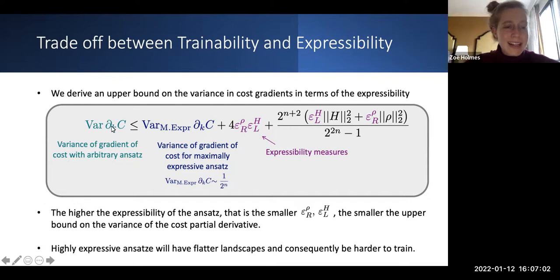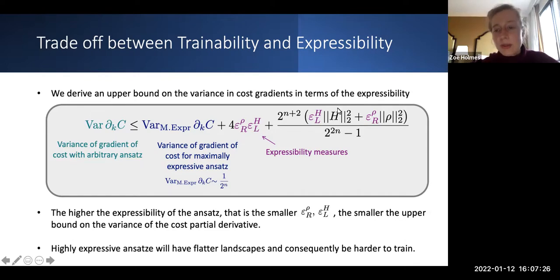So on the left-hand side here, we have the variance in the gradient of the cost for an arbitrary ansatz that you're interested in using. Then the first term on the right here is the variance in the gradient of the cost for a maximally expressive ansatz. As I argued earlier, this vanishes exponentially with the size of the problem. This was shown by Jarrod McClean. And then the second two terms.